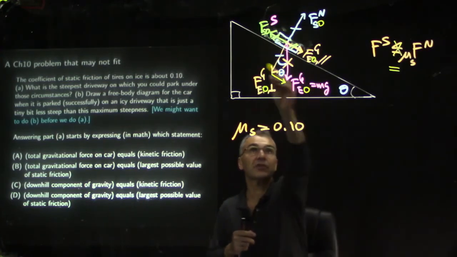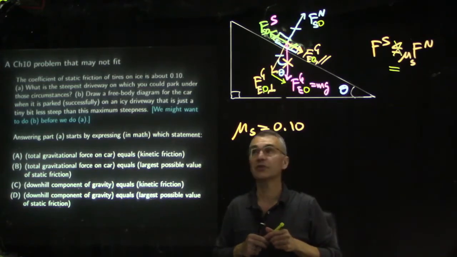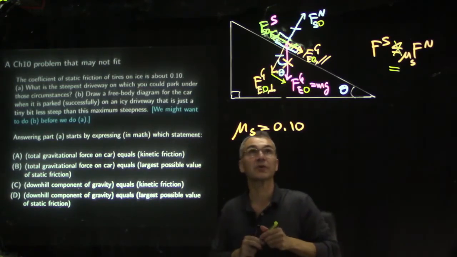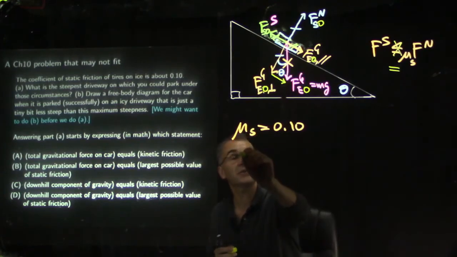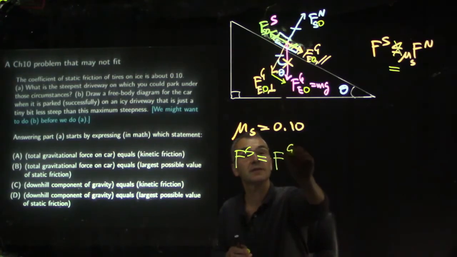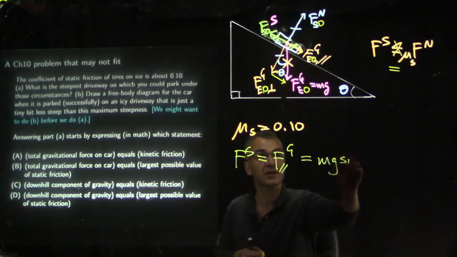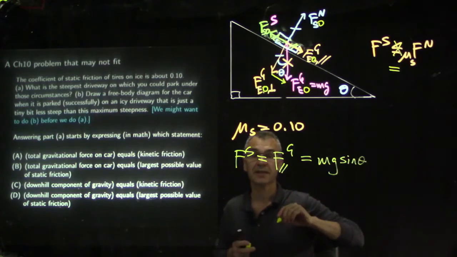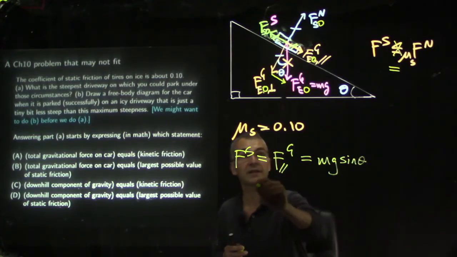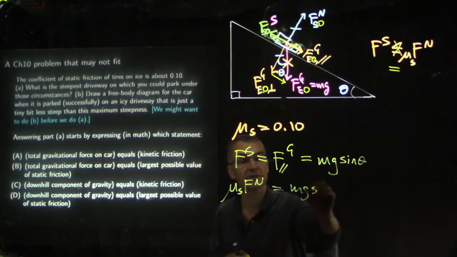We can just look at this and say the acceleration downhill must be zero because it's just barely successfully parked there. So the static force of friction balances this downhill component of gravity, F gravity parallel, and the downhill component of gravity is mg sine theta. And this must equal mu static times the normal force, which has to equal this mg sine theta.